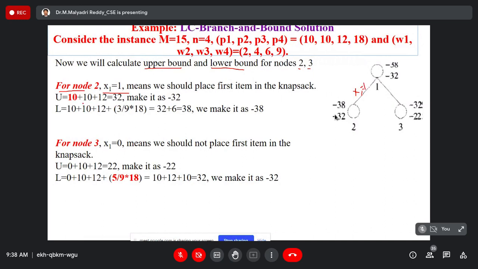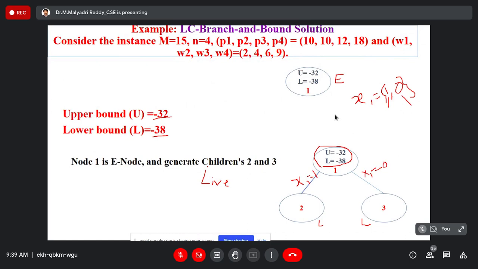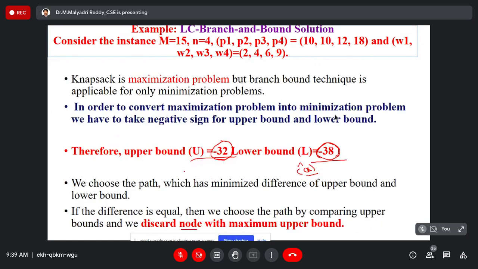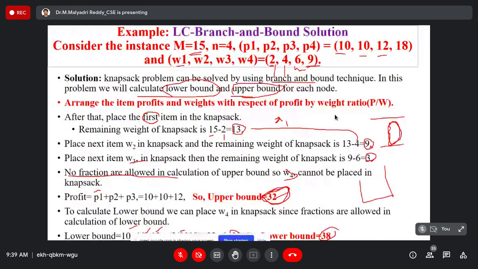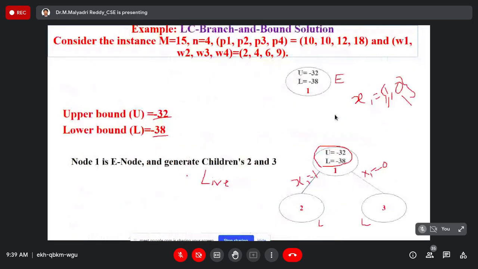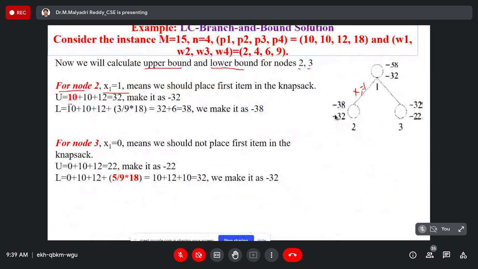Already we calculated the upper bound: 10 plus 10 plus 12, 32, because while calculating the upper bound the first object is already included. So minus 32 is the upper bound, and as well the lower bound, 10 plus 10 plus 10, that is minus 38, is the lower bound.